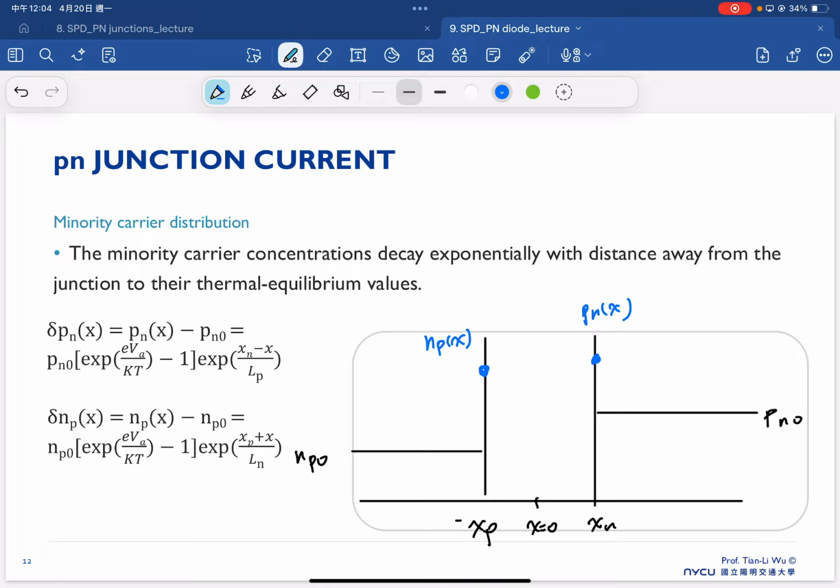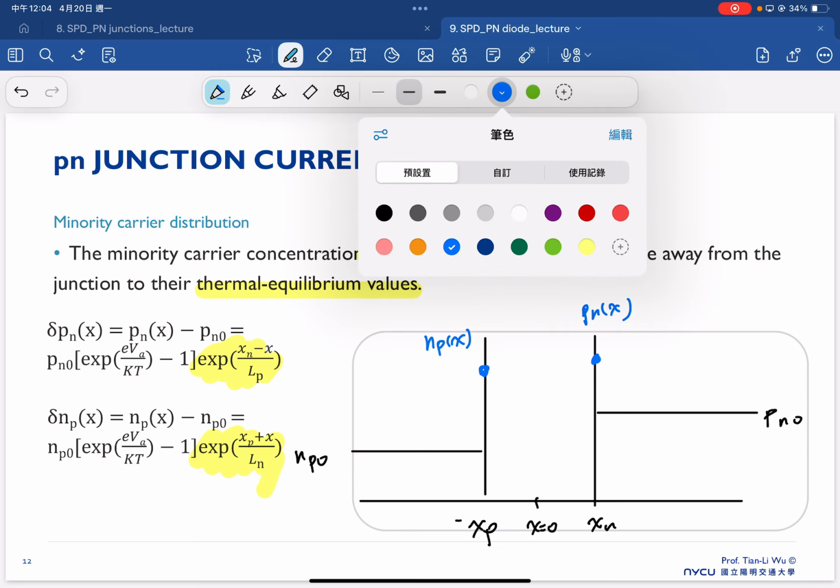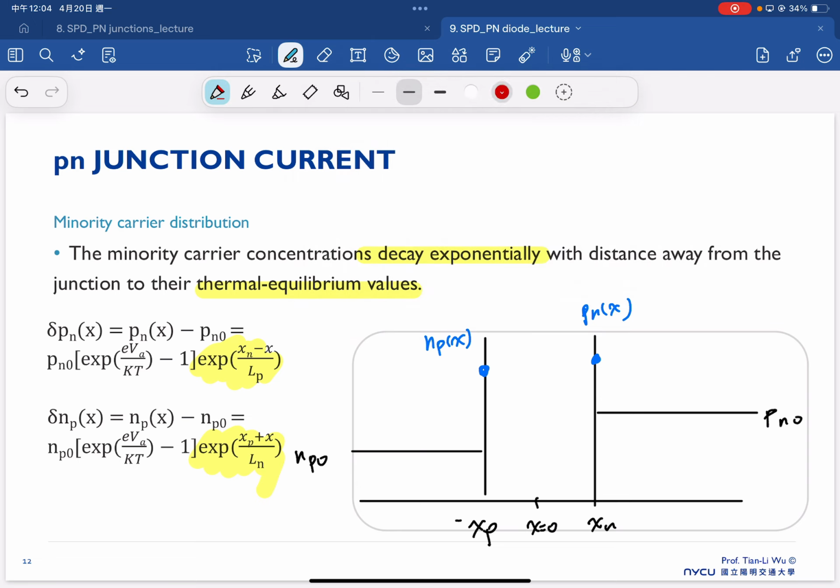The minority carrier concentration decays exponentially with the distance away from the junction to the thermal equilibrium value, because the equation here is exponential. So the distribution of this minority excess carrier in the P side is here, on the N side is here. We have this exponential decay.